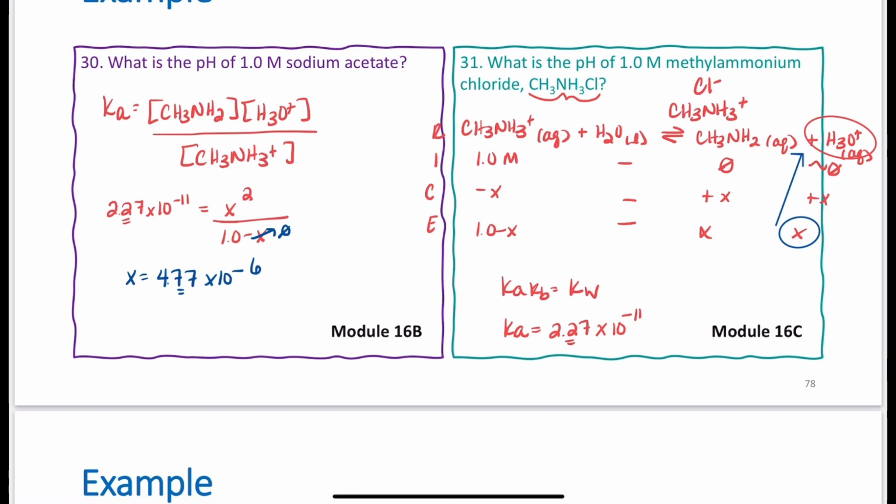X is representing my hydronium concentration, so I can go straight to pH. Good. So this represents H3O⁺. My pH is 5.32. So a 1 molar methyl ammonium chloride solution has a pH of 5.32.